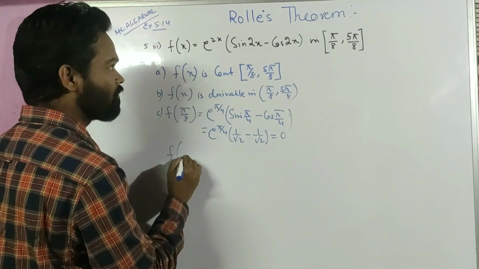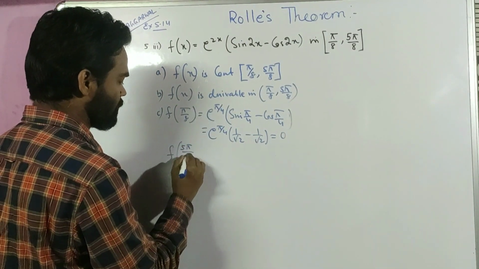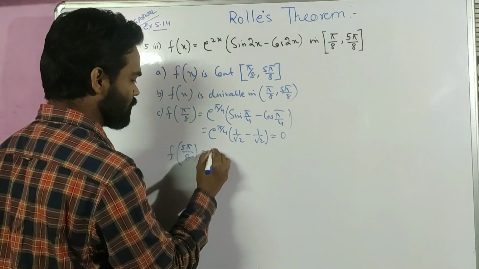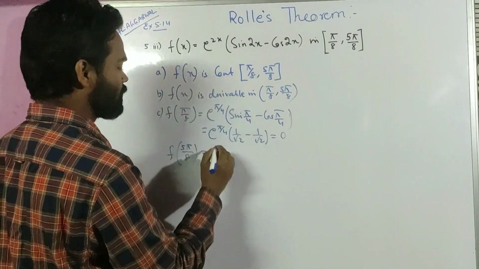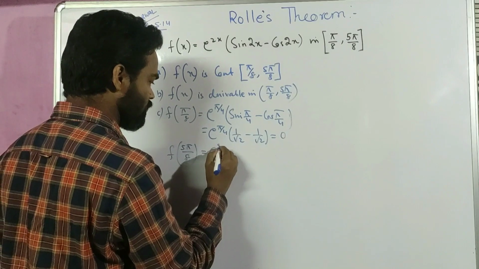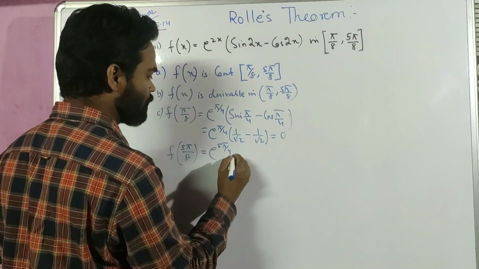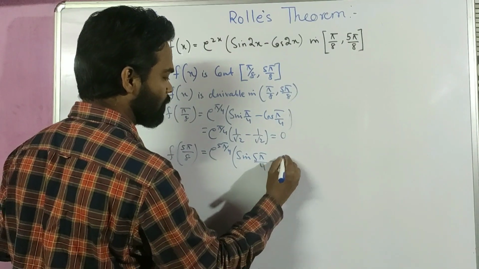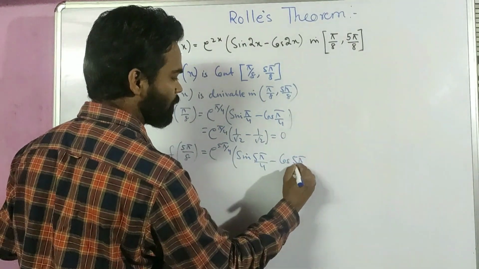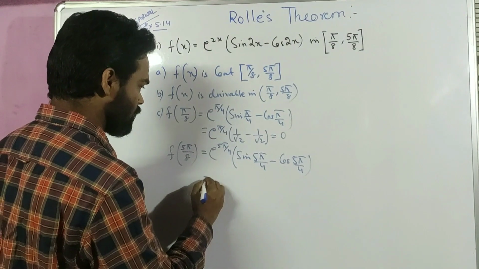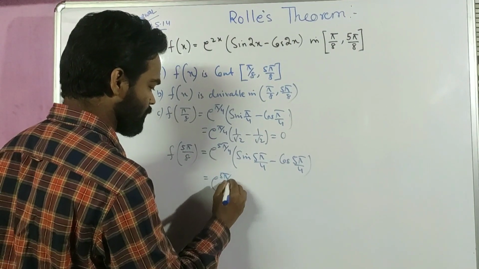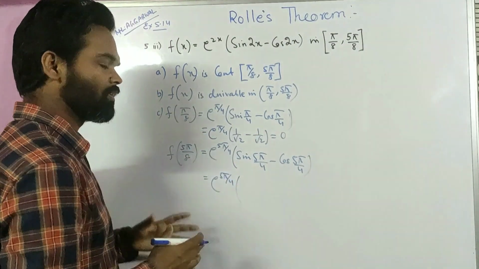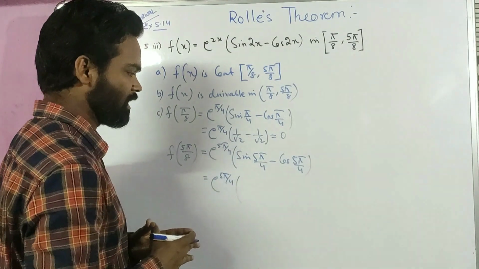Let's find f(5 pi by 8), so that becomes e to the power 2 into 5 pi by 8, which is 5 pi by 4. Similarly, this becomes sin 5 pi by 4 minus cos 5 pi by 4. Now e to the power 5 pi by 4, we know how to find the value of this. We have already done this in class 11.